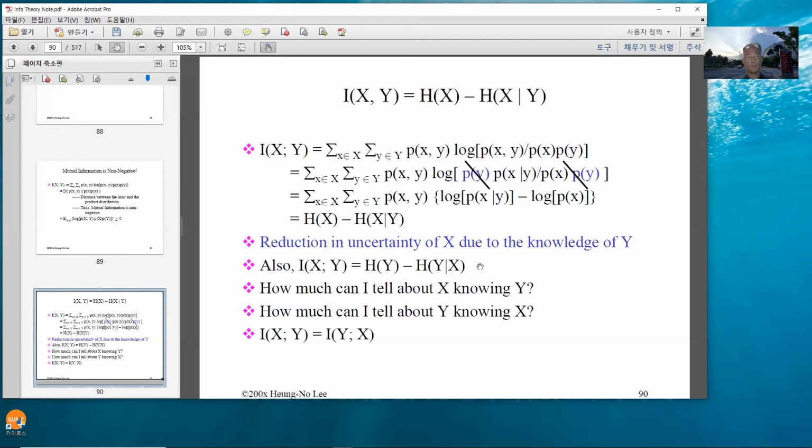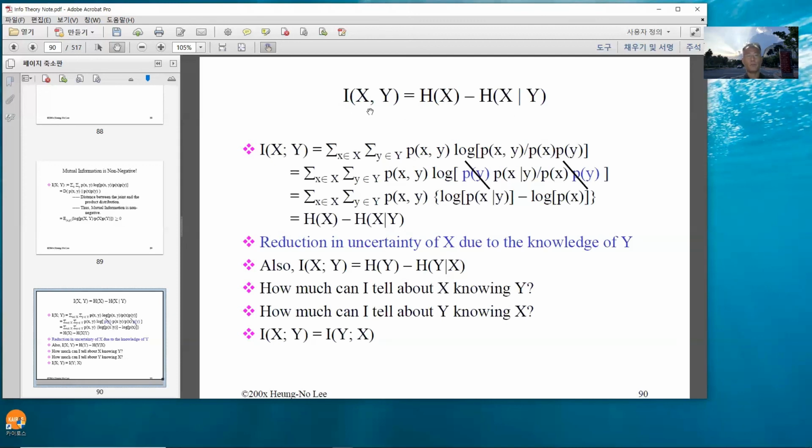So this one tells you how much one can tell about X, according to this, knowing Y. Why? Because this is the uncertainty on X. This is the uncertainty on X given Y. So given Y, there is still this much uncertainty left.